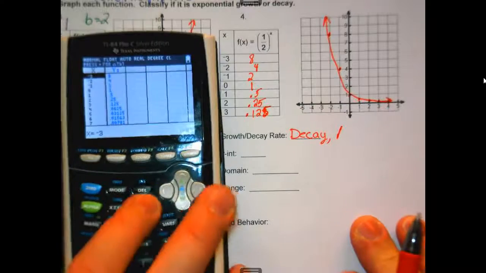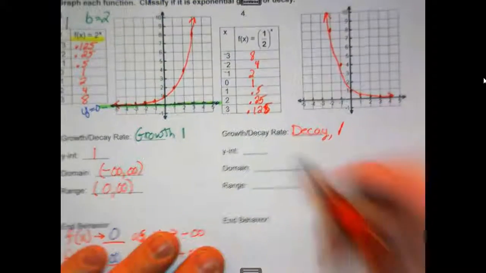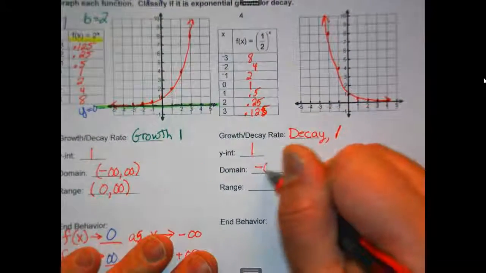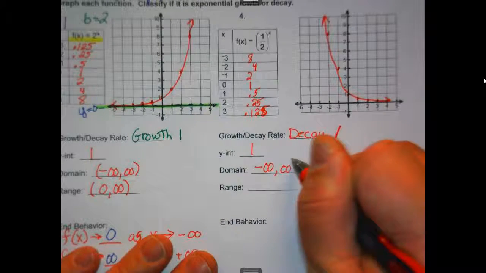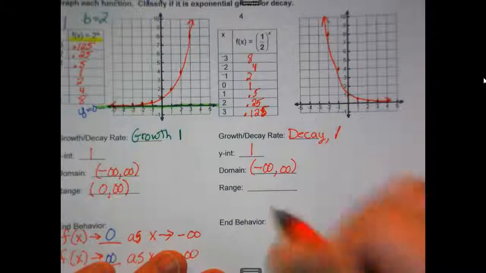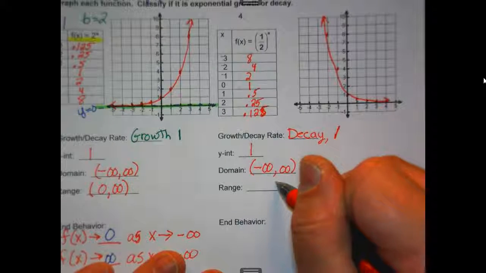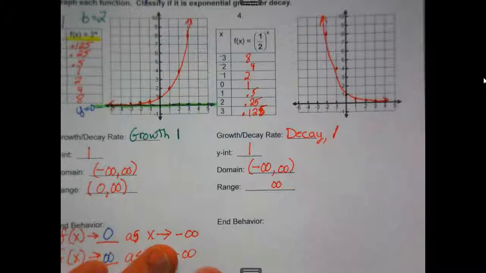What's my y-intercept? What's my domain? What's my range? What's my lowest number?